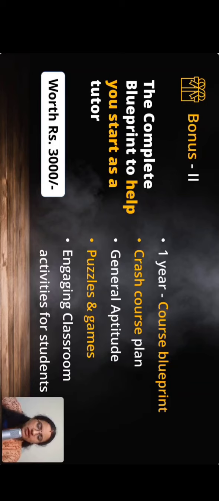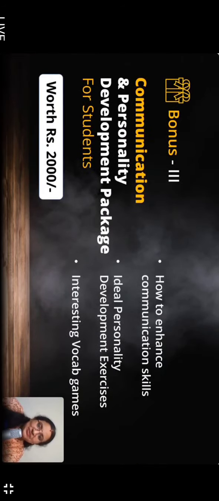For every 1 hour of session, to make your session very effective, how you have to package it: first 10 minutes what you should do, next 10 minutes what you should do, what all you should do to make your classes very impacting is given in this bonus number 2. It also contains some interesting general aptitude questions, puzzles and classroom games to make your classes very interesting and make you an impacting teacher and a mentor.